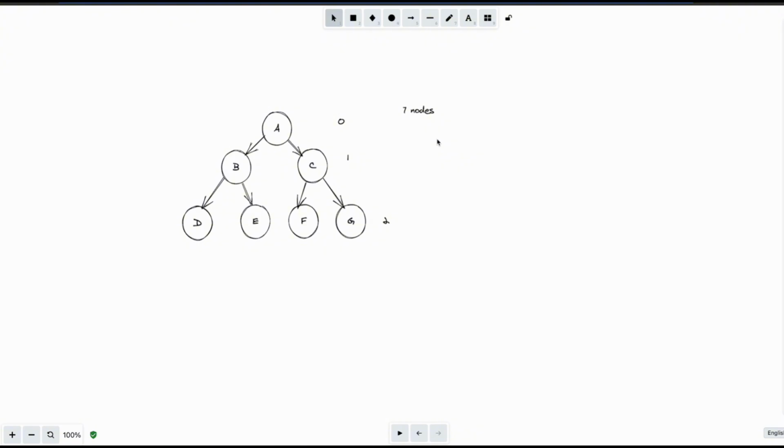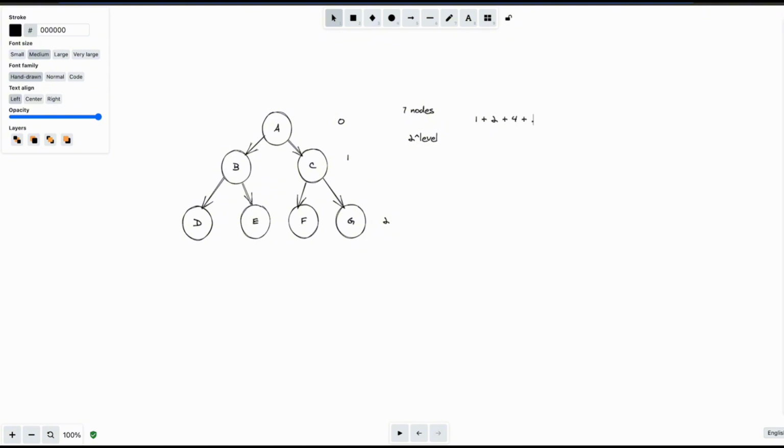So at each level, how many nodes can we have at most? Each level has at most 2 to the power of the level nodes. Am I right? So we have some math formulas now. We have 1 plus 2 plus 4 plus 8 and so on, plus the last one, up to the last level, equals n.